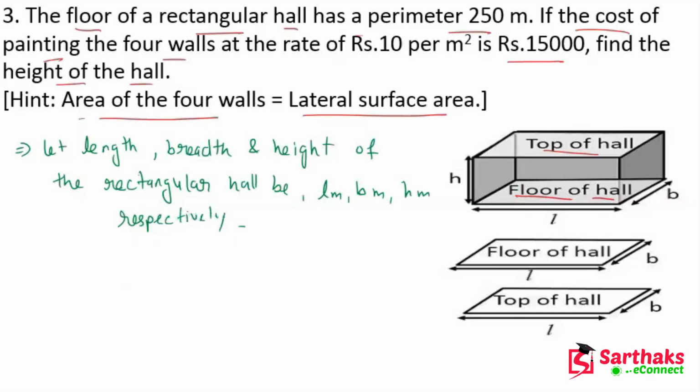Got it? So we know that the perimeter of the floor of the hall is 250 meter.